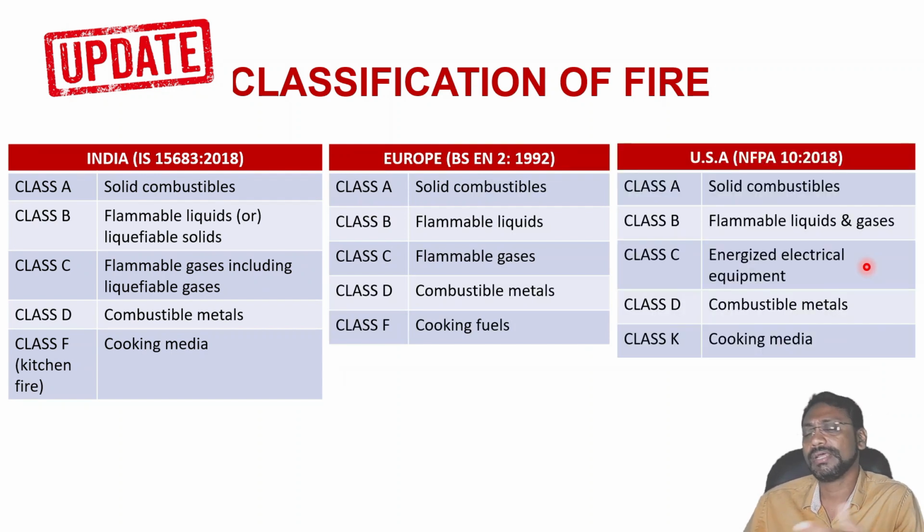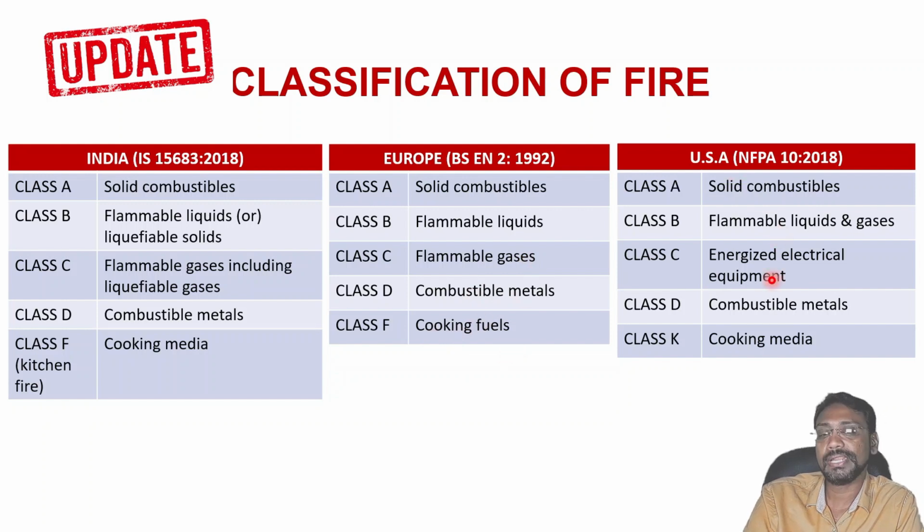So for class A, there are three standards: Indian standard, European standard and USA, United States standard. Class A fire means solid fire. According to Indian standard, class A is solid fire, class B flammable liquid, class C gas, class D combustible metal, class F cooking media. European standard is also very similar: Class A solid, Class B flammable liquid, Class C flammable gas, Class D combustible metal and Class F cooking media.